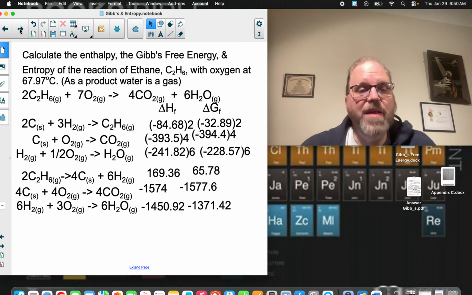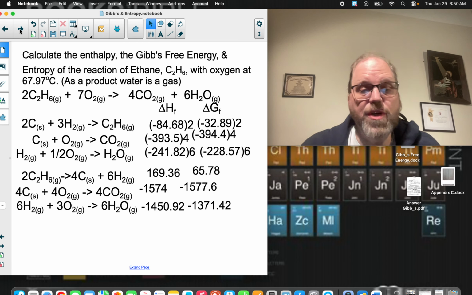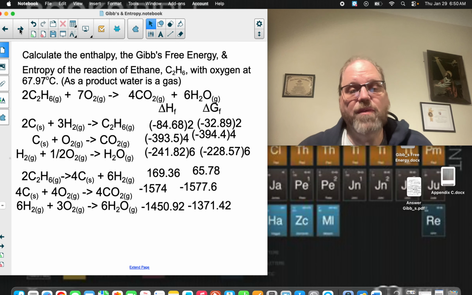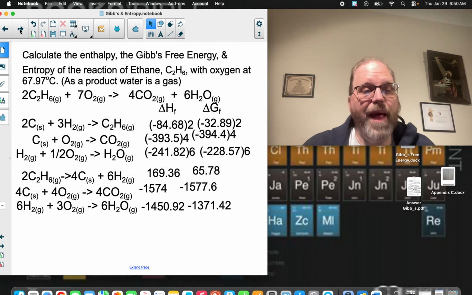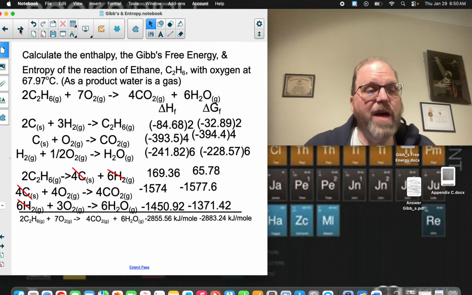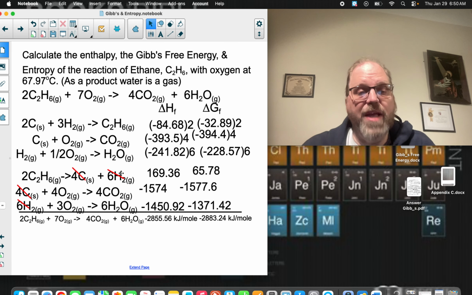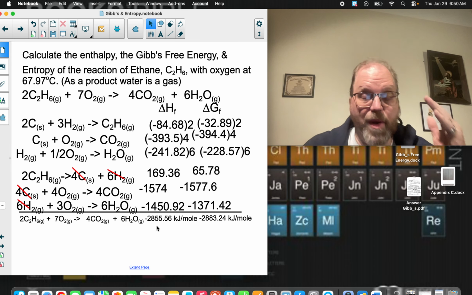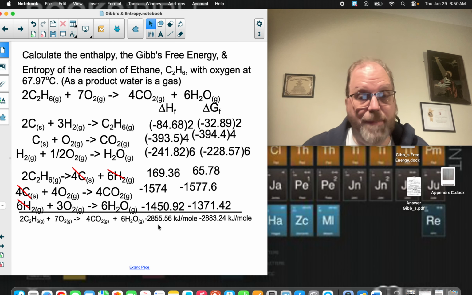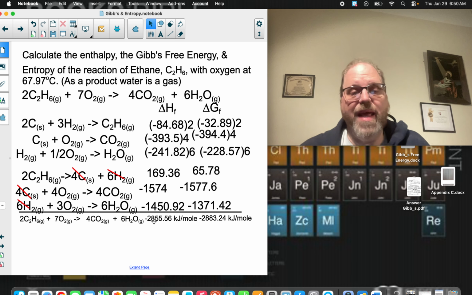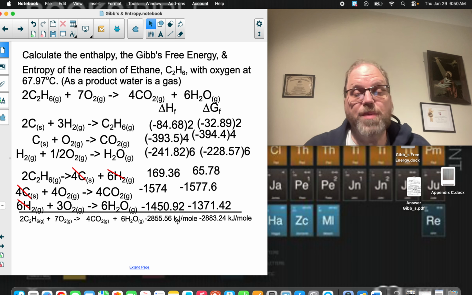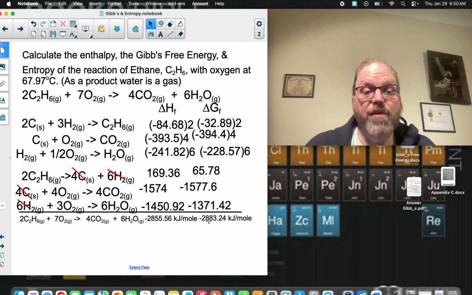So we get 1450.92 and negative 1371.42. Add them all up. Carbons cross out, hydrogens cross out. We get the reaction we want. So our delta H of F, which we're going to need to solve for entropy, is negative 2,855.56 kilojoules per mole. Really exothermic, giving off a lot of heat.